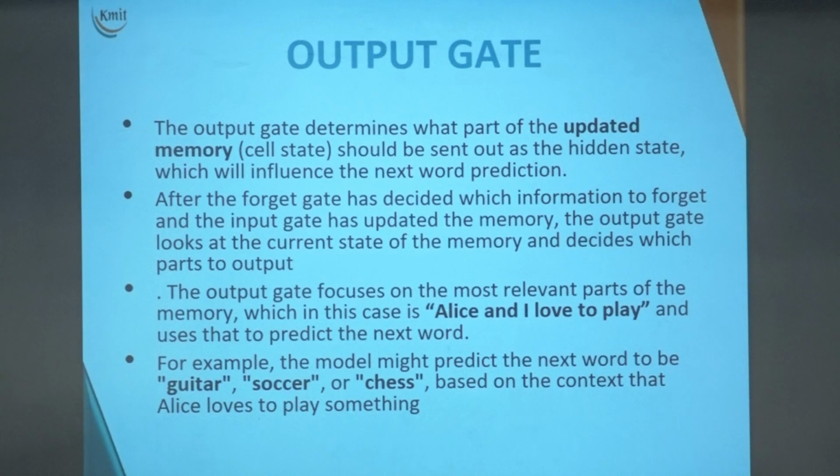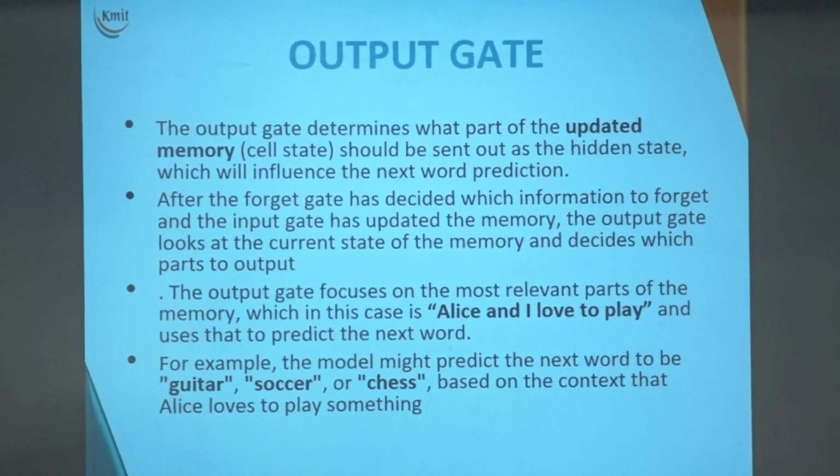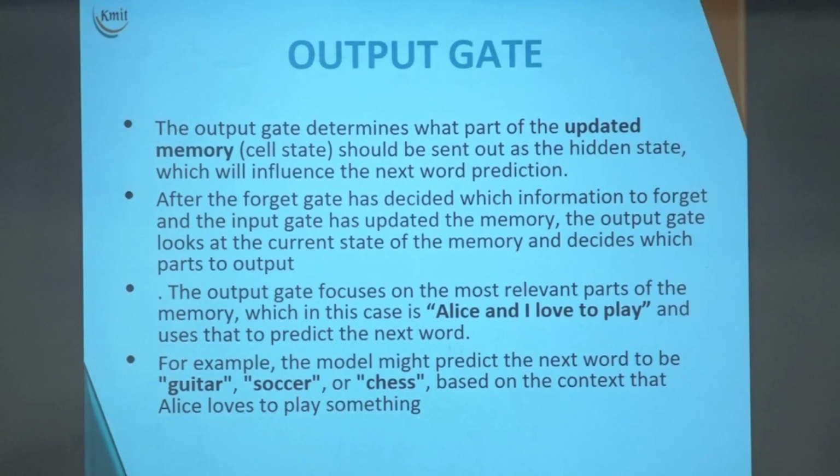So the output gate focuses on the most relevant parts of the memory. For an example here, what is the most relevant part? Alice, love, play. Three words. Remaining all were discarded, right? Alice, love, play. Predict the next word.